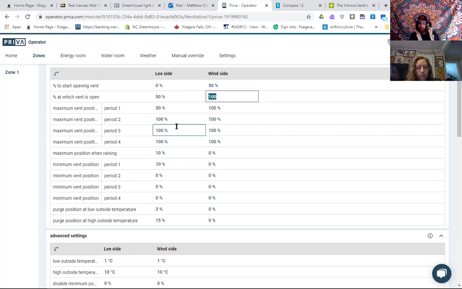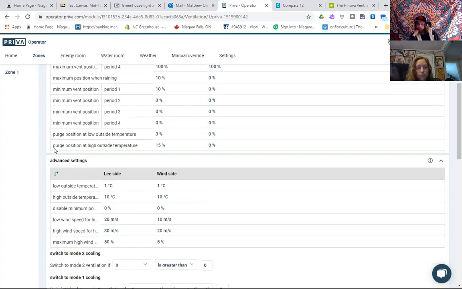And the maximum vent position, if it was freezing cold outside, you don't want those vents to open 100%. You can set that to whatever, 50% open. So regardless of how much cooling is required, it'll only open to the maximum vent position. And the purge position, okay, so when we're setting our humidity levels and setting our purge, the vents are going to open to the position that we set here in the vent settings.